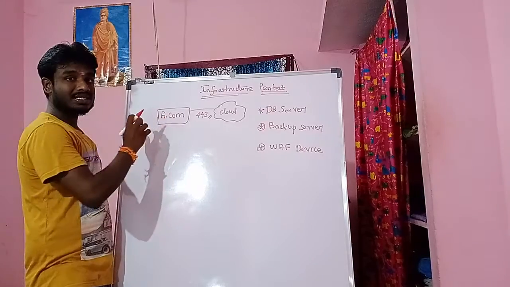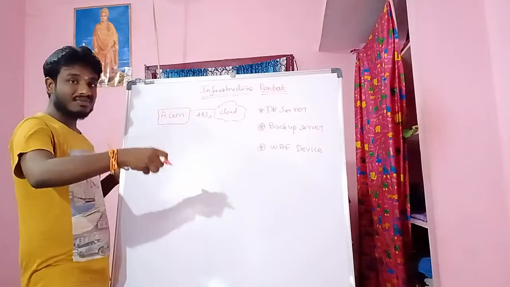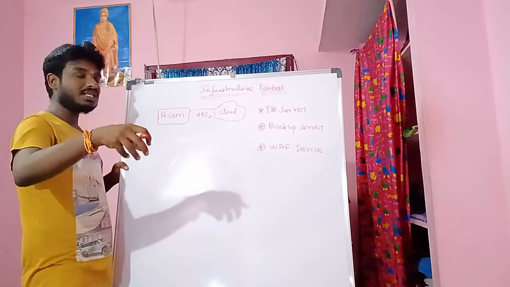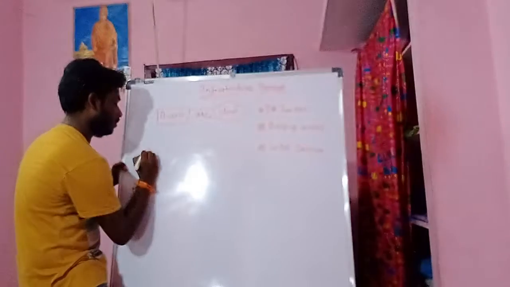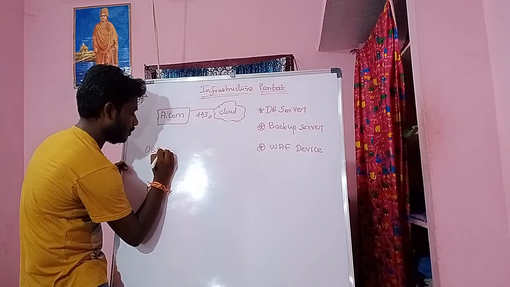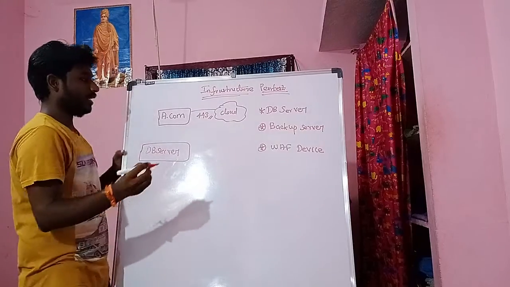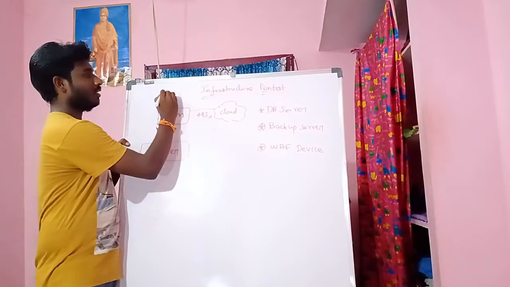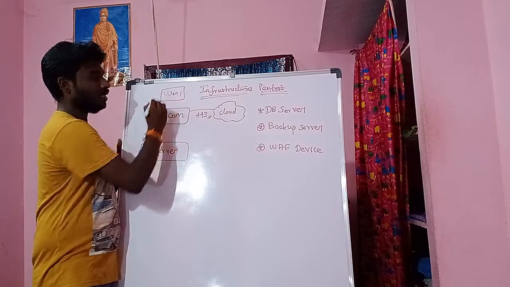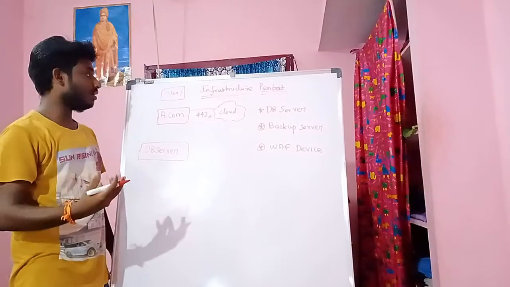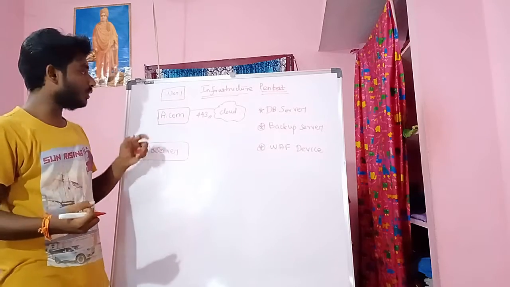Then that application will store some kind of user data, or retrieve some kind of user data from the database, that is called the DB server. I am the user, called user 1. I want to see my profile, or some sensitive information in the database.